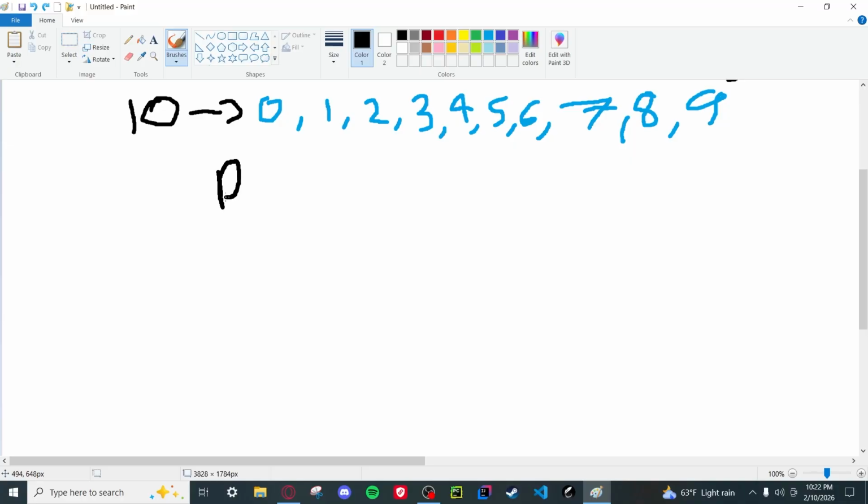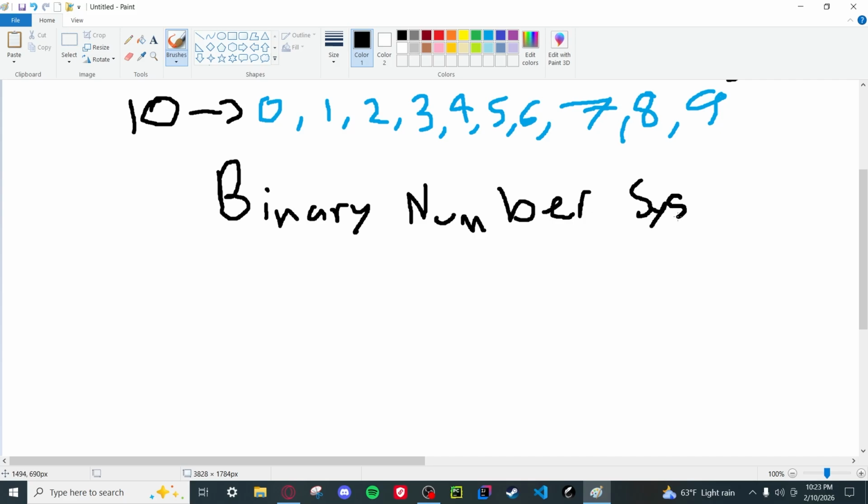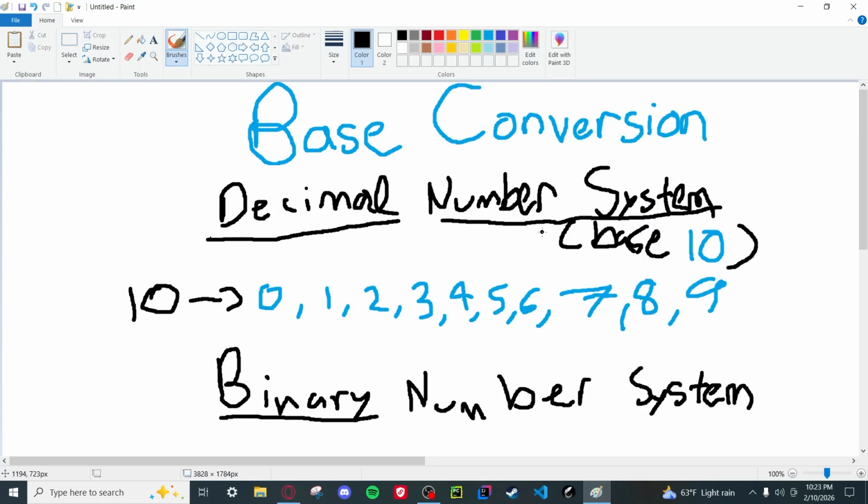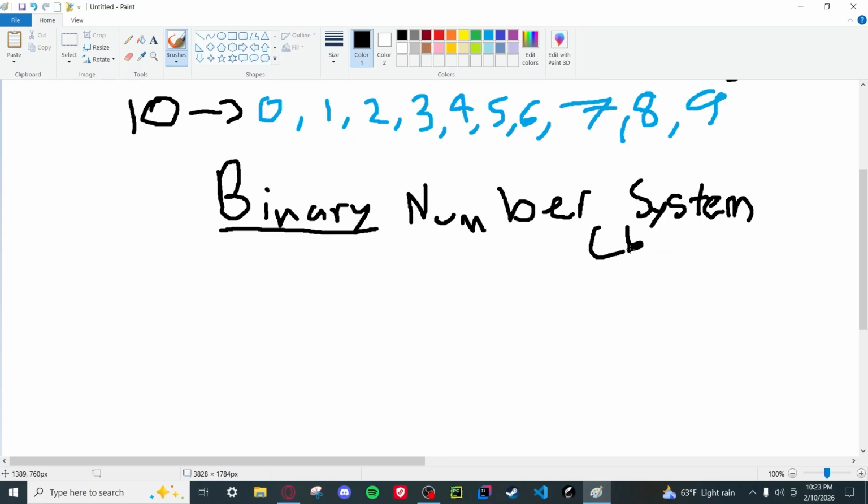Now let's talk about the binary number system. And let's write number system out just so it'll be easy to understand if I want to post this. So binary only contains two numbers, and it's referred to as base 2, because it contains only the numbers 0 and 1.